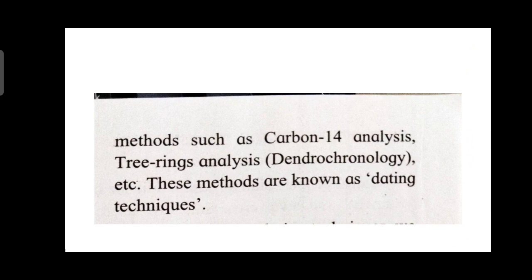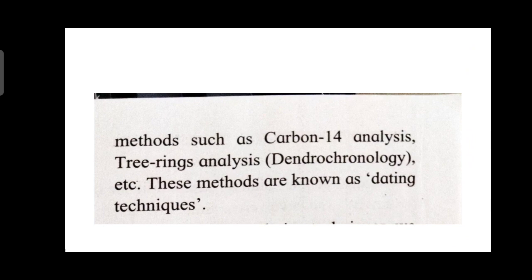So children, there are some methods called dating techniques, using which we can know how many years ago things existed, how many years ago the incidents occurred. We cannot know the exact date, day or month of those incidents.